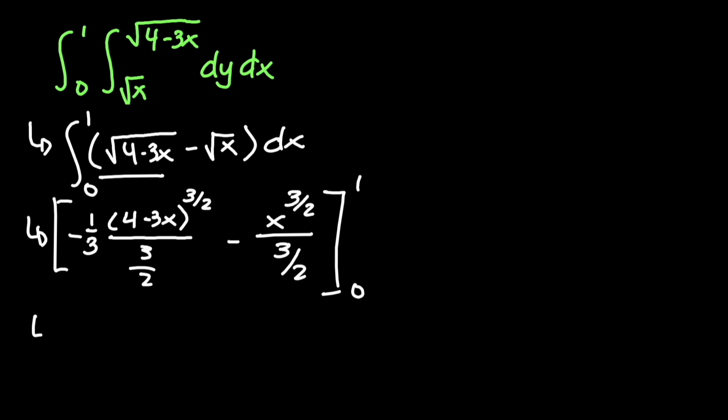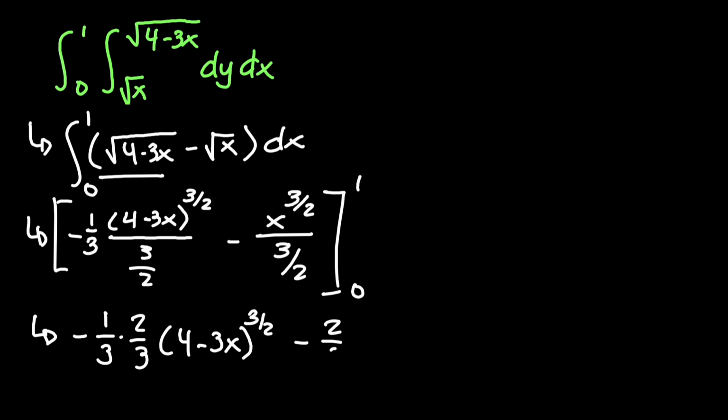Simplifying this, you will have negative 1/3 multiplied by 2/3 of 4 minus 3x raised to the power of 3/2 minus 2/3 multiplied by x raised to the power of 3/2.